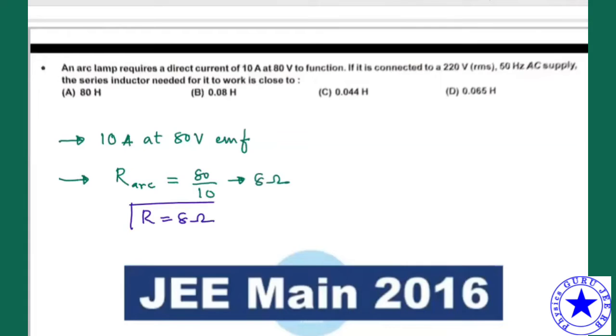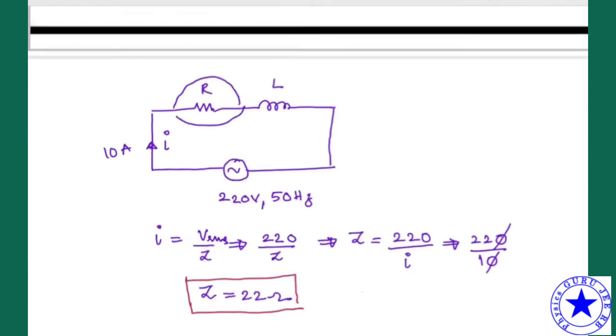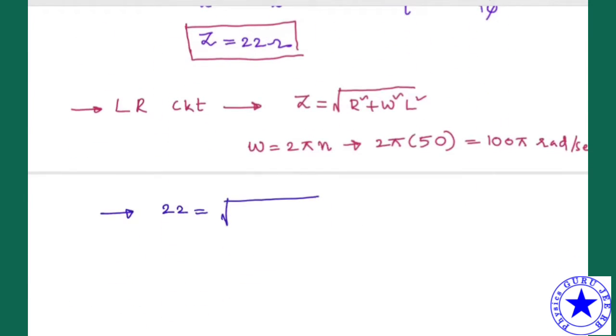So I substitute: 8 whole square plus omega, where omega is 2 pi n, with n equal to 50, or simply 100 pi. So 100 pi whole square into L square, because ultimately we have to find the value of L.